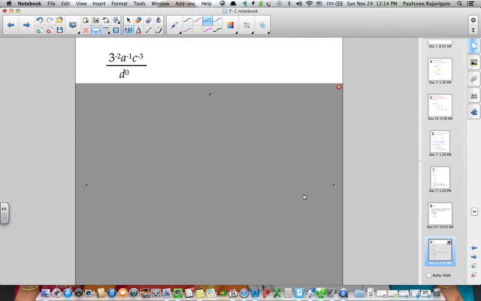All right, so it's 3 to the negative 2 times a to the negative 1 times c to the negative 3 over d to the power of 0. All right, so tell me, what are we going to target here? I'm going to target that, right?